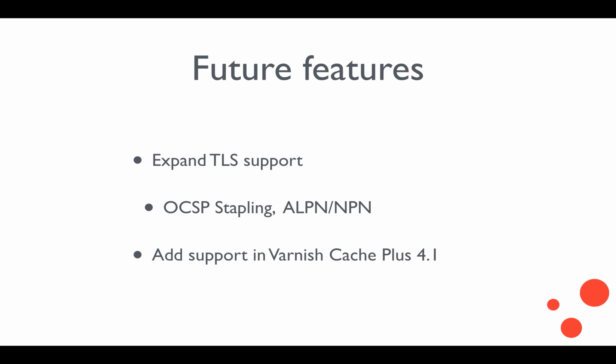A bit about our future features: we will probably be expanding the TLS support. There's something called OCSP stapling, which would enable Hitch to talk to the certificate authority and send along a cryptographic ticket to verify that the certificate is still valid.